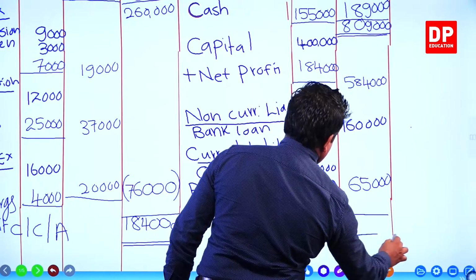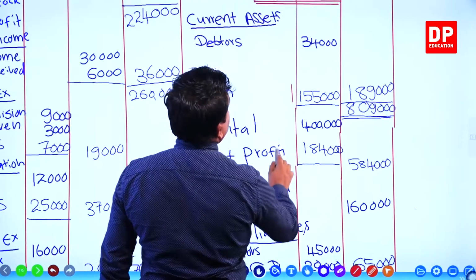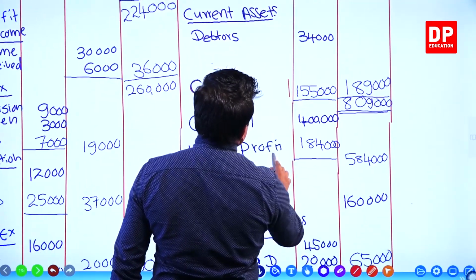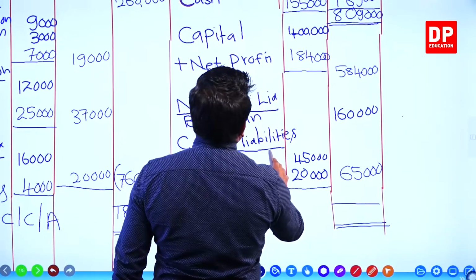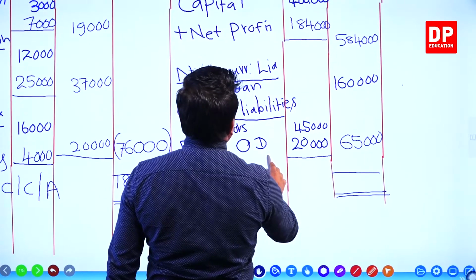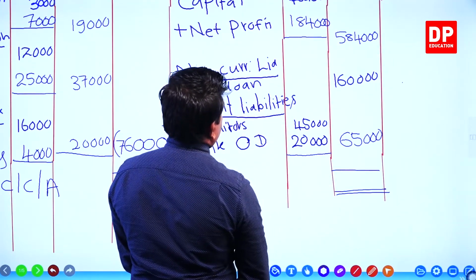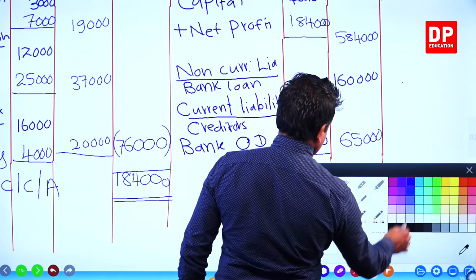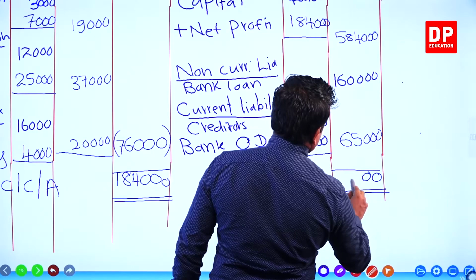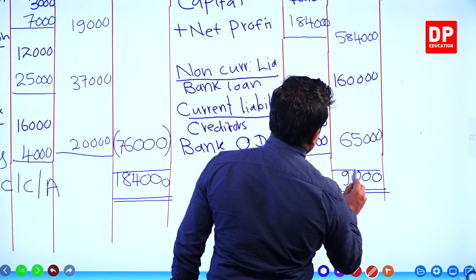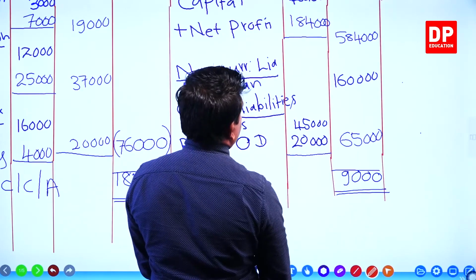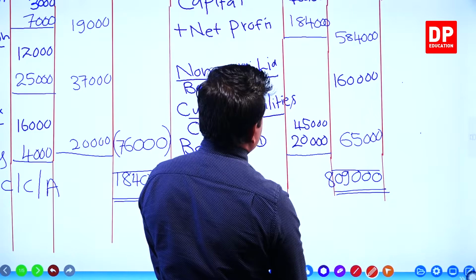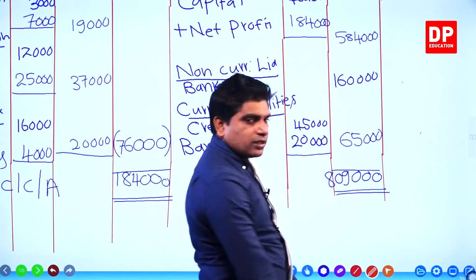Then 0, 0, 0, 9, here 8. Right, 809,000. This is correct.